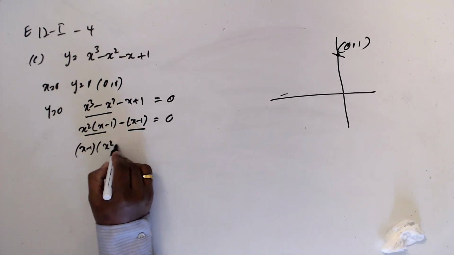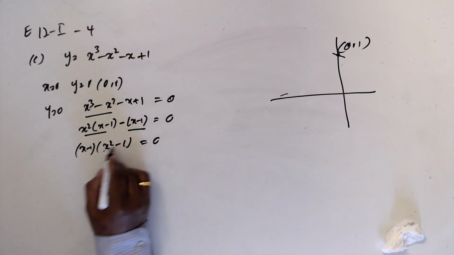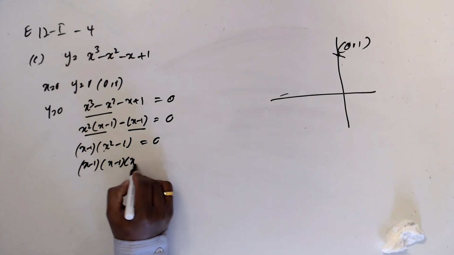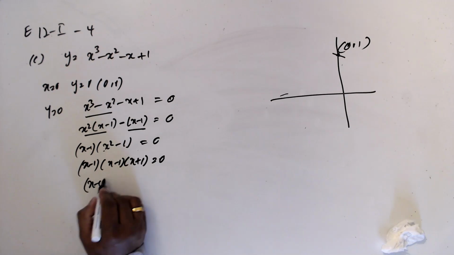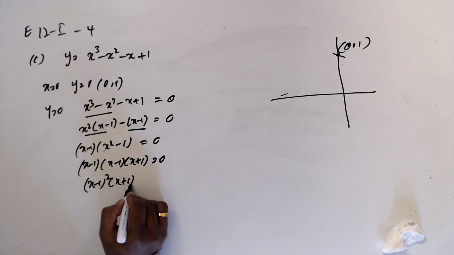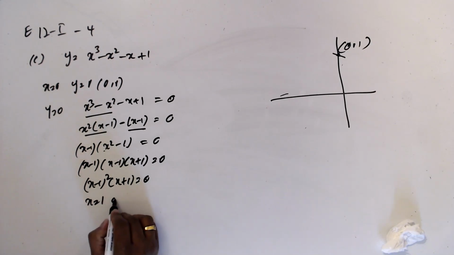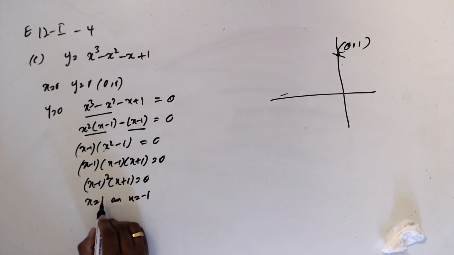Then x squared minus 1 is remaining. This is a difference of squares, so you can write (x minus 1)(x plus 1) equals 0. So this is (x minus 1) squared times (x plus 1) equals 0. Now there are two points, x equals 1 or x equals minus 1. So x equals 1 is a repeated root.